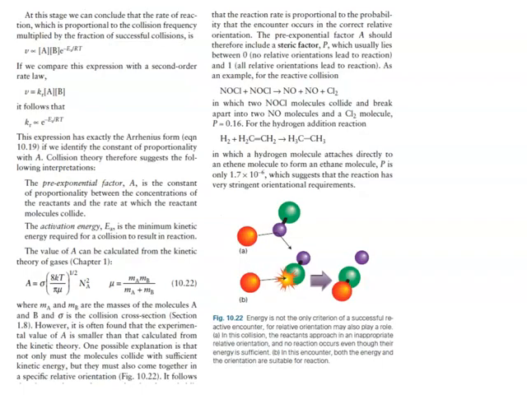Now, at this stage, we can conclude that the rate of reaction, which is proportional to the collision frequency multiplied by the fraction of successful collisions, is proportional to the concentration of A times the concentration of B times e raised to the exponent negative activation energy over the gas constant times absolute temperature T. If we compare this expression with the second order rate law, where v equals k times A to the first power and B to the first power, it follows that k should be proportional to e raised to negative Ea over RT.